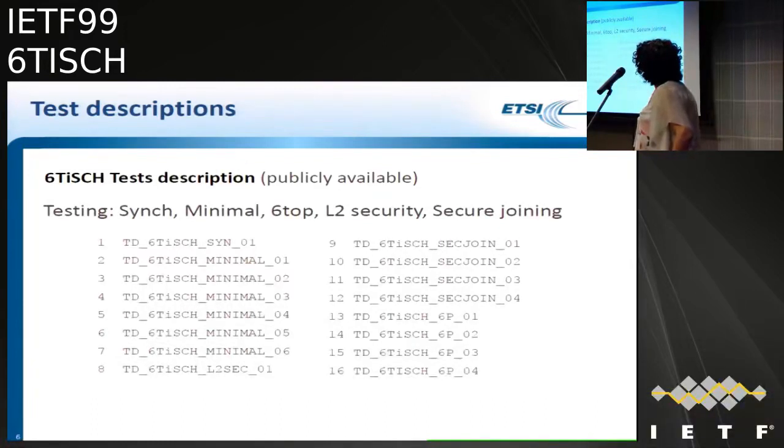So overall, as you can see, we had 16 tests. For 6P, we checked several commands like add, list, count, and for minimal, we checked the format of the EB beacon, the setup of the channel hopping, and the slotframe size.